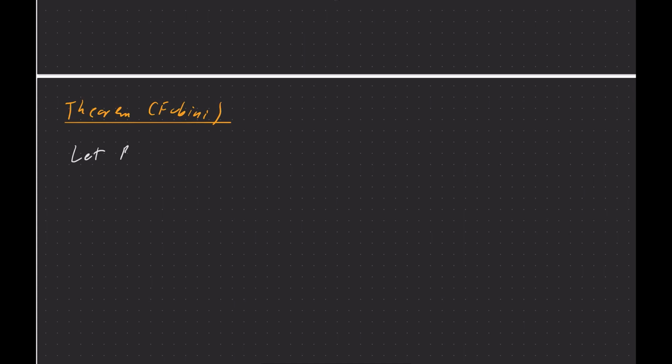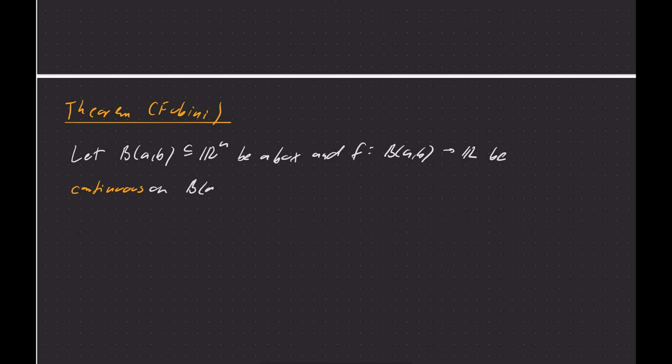So again, we'll have a box. Let B of AB be a box in R to the n, and f from BAB to R be continuous on that box, on BAB.